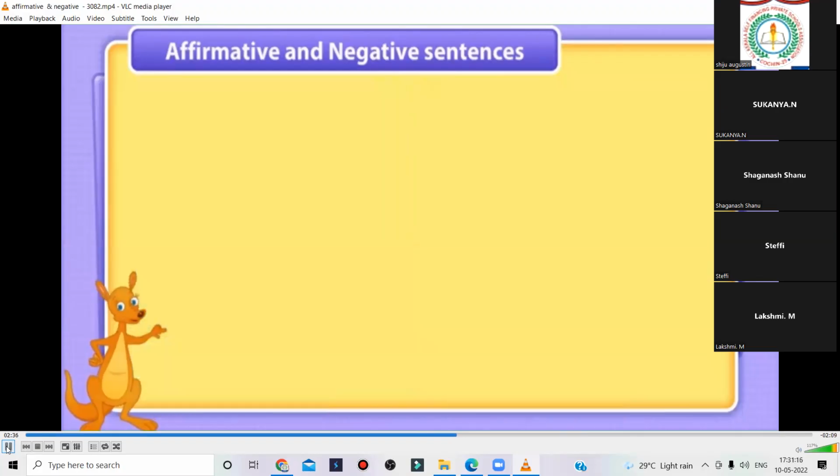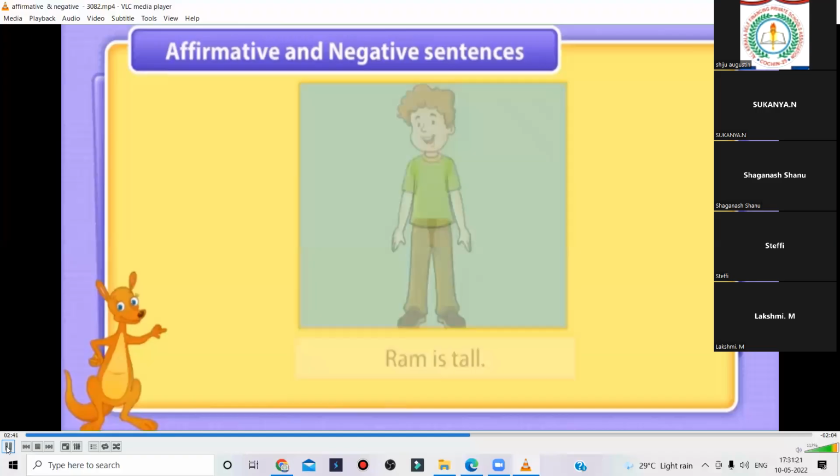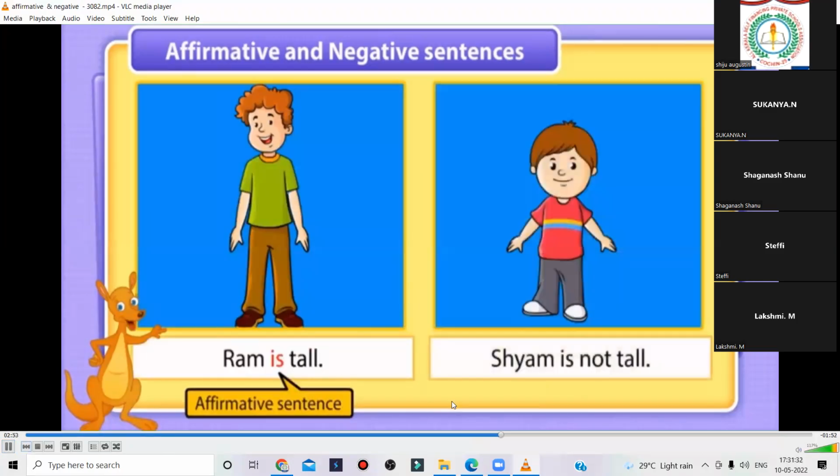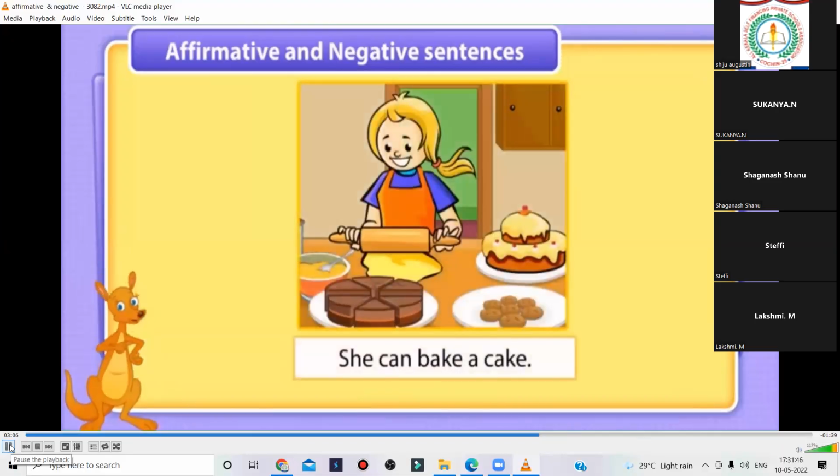Let's see some more examples. Ram is tall. This is an affirmative sentence. Shyam is not tall. This is a negative sentence. She can bake a cake.